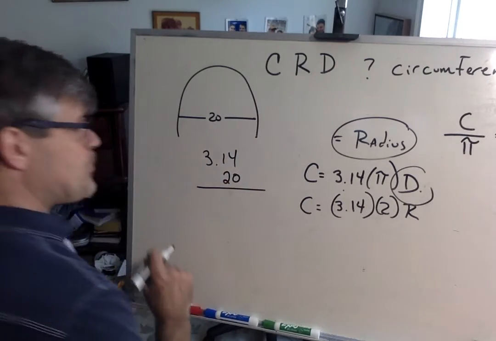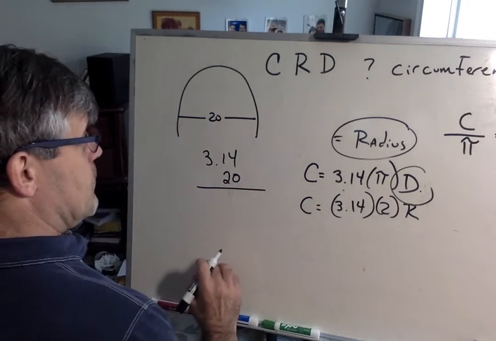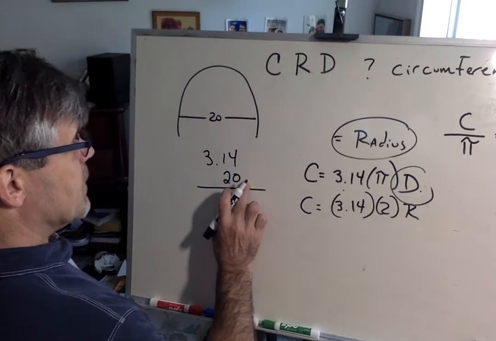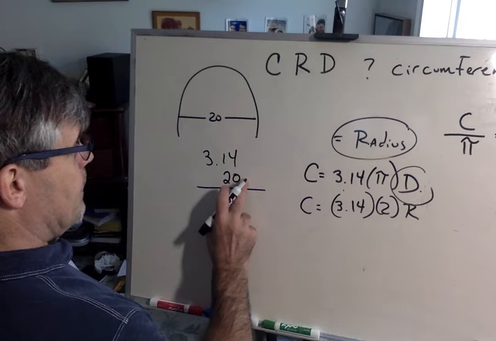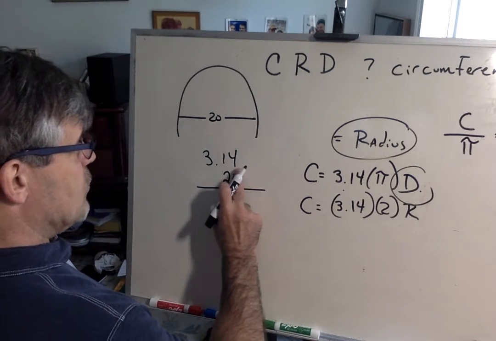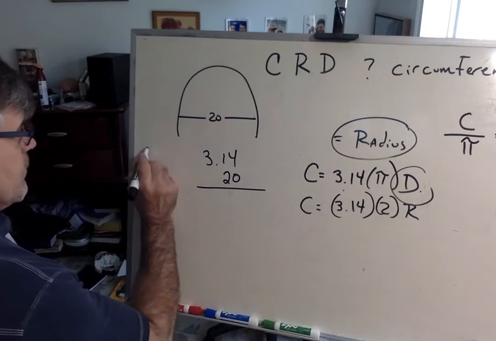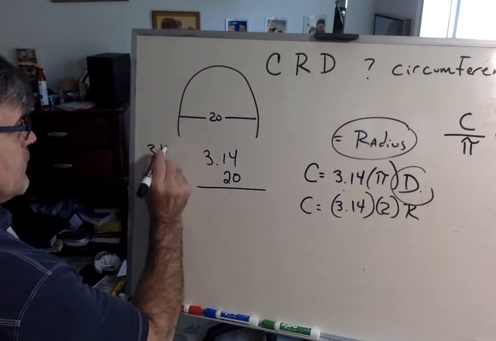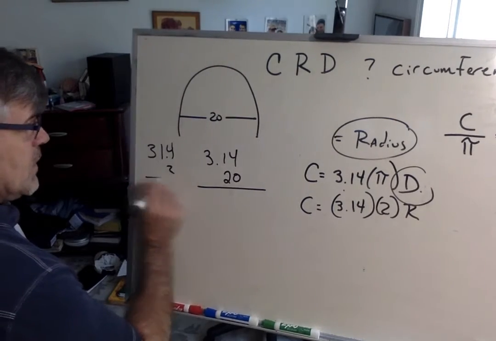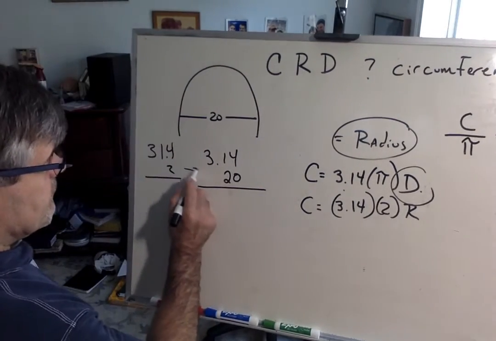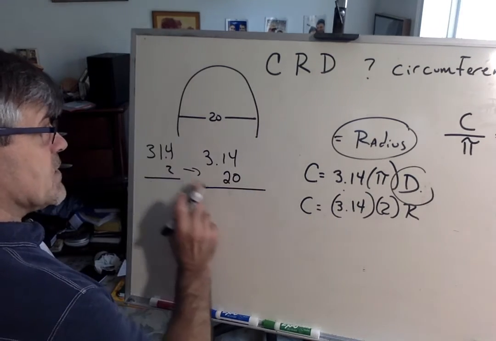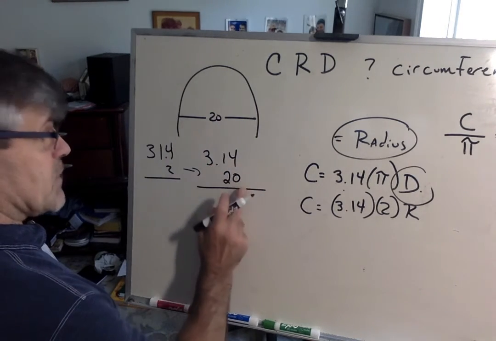Okay. What you can do here is remove the 0. 3.14 times 2 is the same thing as 3.14 times 20. 31.4 times 2 is the same thing as 3.14 times 20.